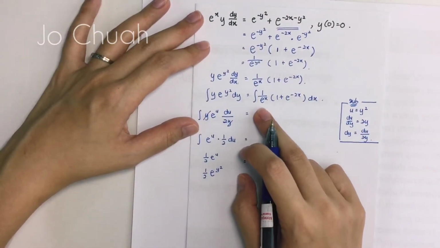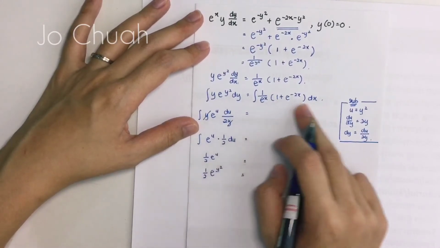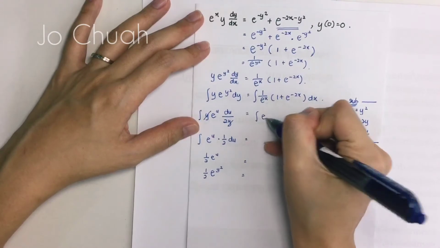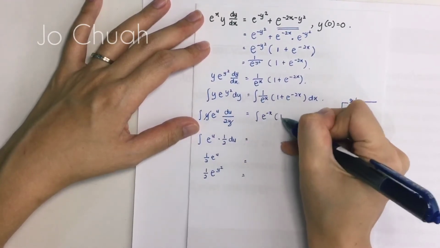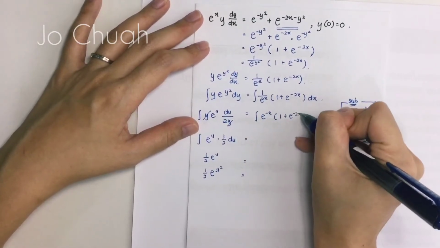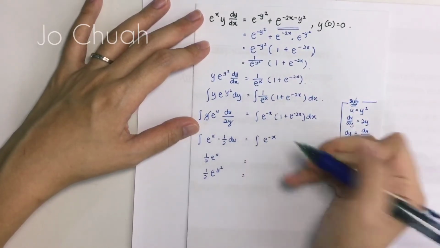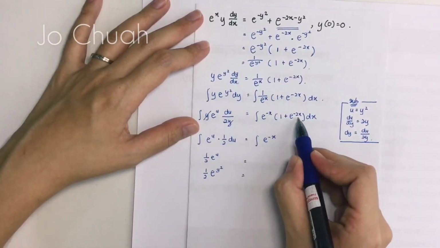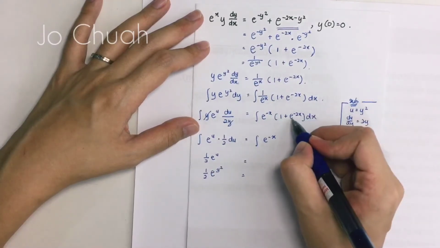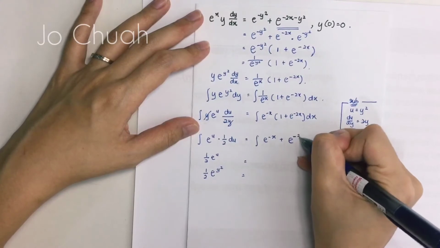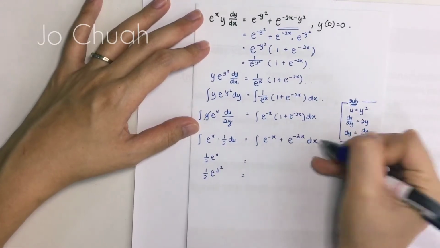Now let's check out the right hand side. For this one, you can actually multiply them in first. So I'm going to change this into this form first. When you multiply in, you're going to have e negative x, and e negative x times e to the power of negative 2x, you're going to have e negative 3x dx.